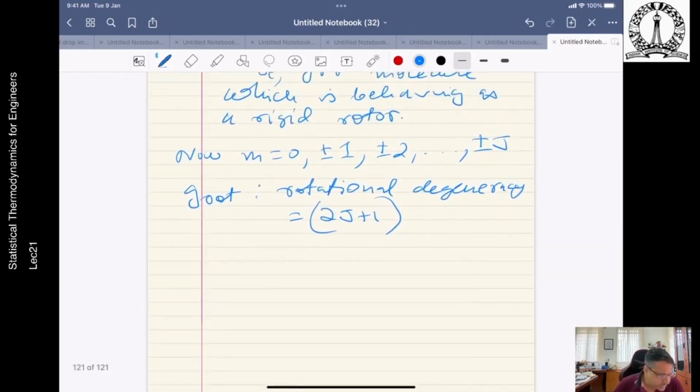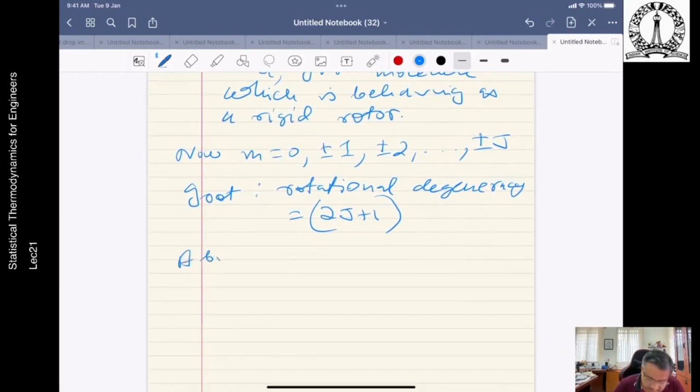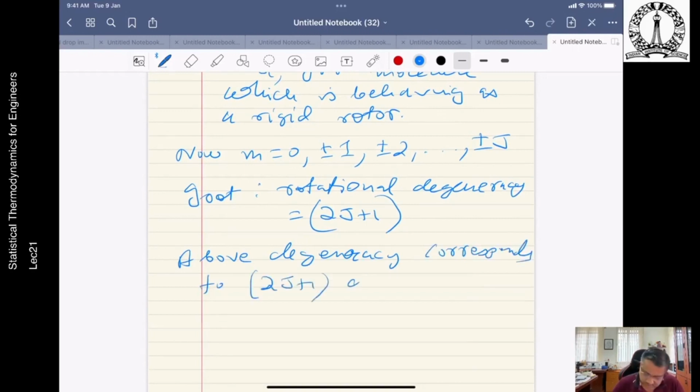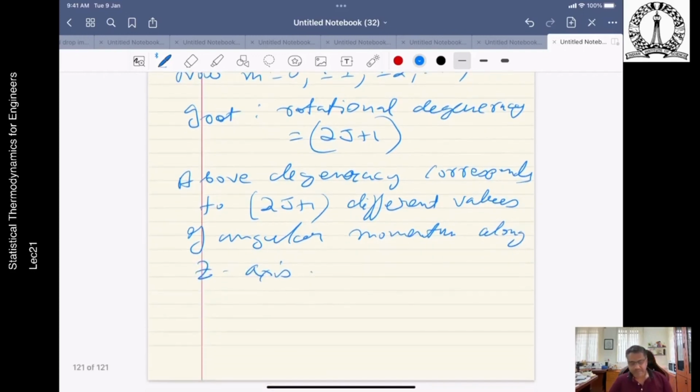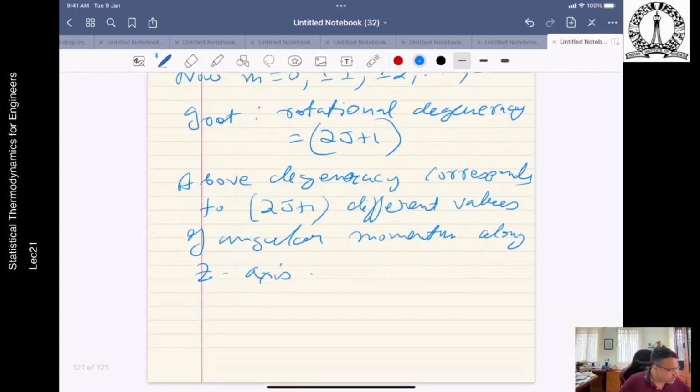So that means the above degeneracy corresponds to 2j plus 1 different values of angular momentum along the z-axis. So this is what we have.